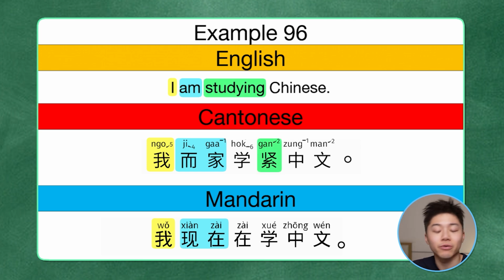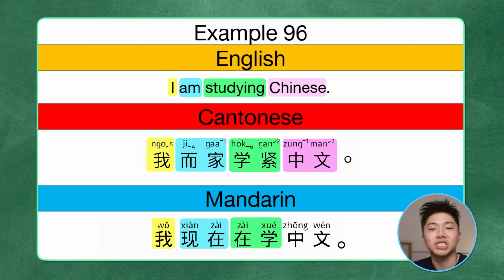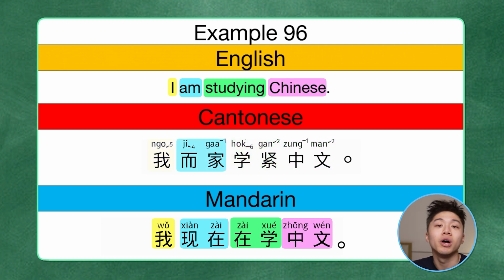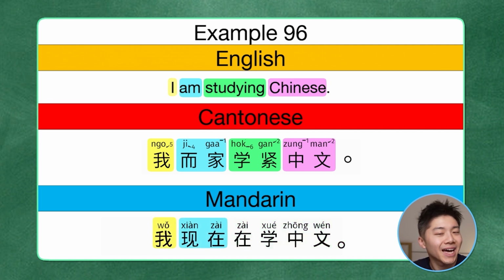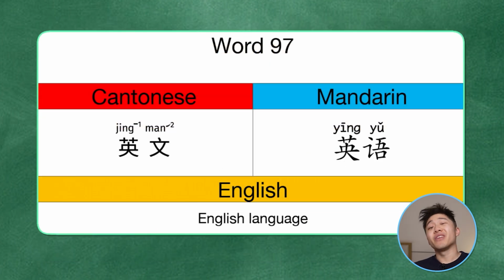In Mandarin, 在學, we move that ing to beforehand. And then 中文 means Chinese. So 我而家學緊中文, 我現在在學中文.